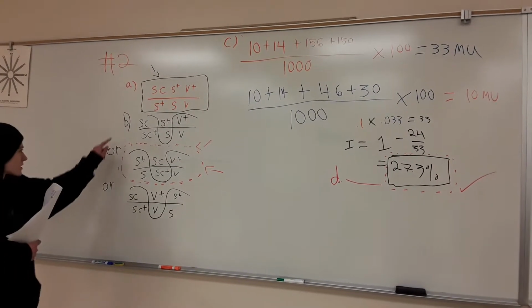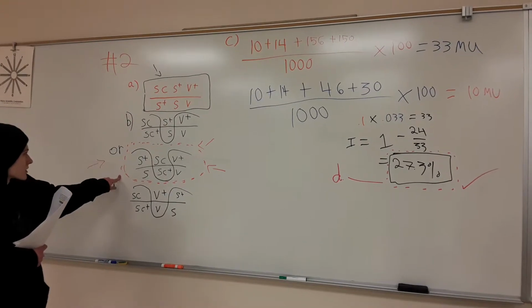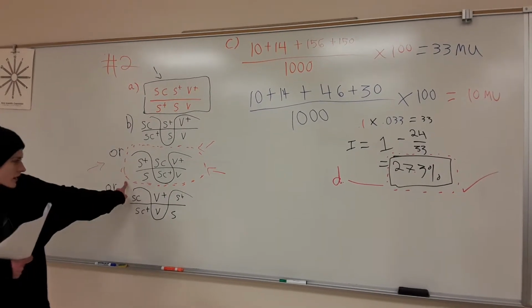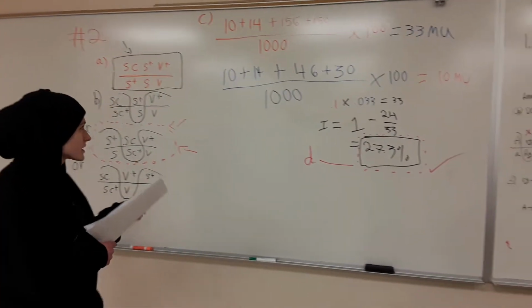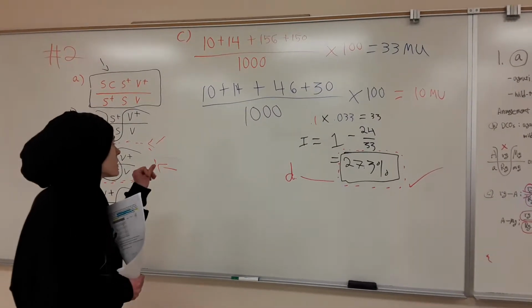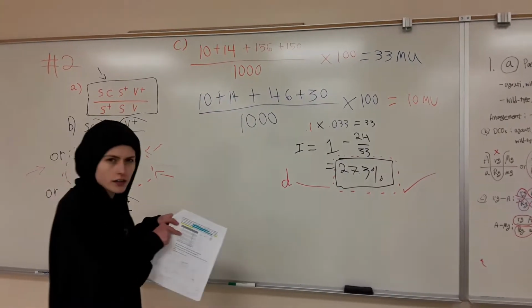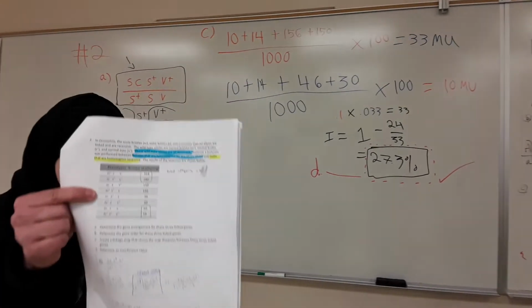We circled the one that does work, which is this one here. Then C is when we're trying to do that linkage map, where you're looking at that chart, which is here.